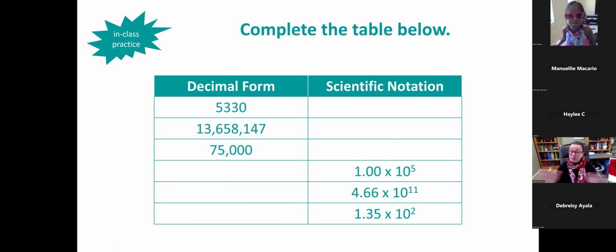All right. So yeah, we should have all the digits in there, right? So we don't lose any of the digits just because we've changed into scientific notation. Yeah, so 1.3658147, right? Times 10 to some positive power. So how many positions did we move it? 7 positions over. So times 10 to the positive 7.